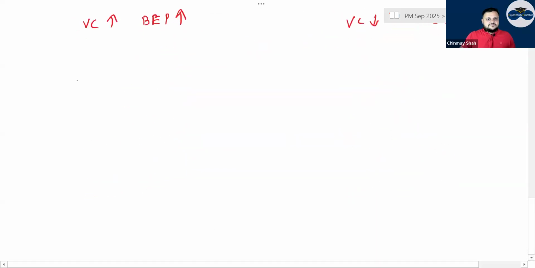Fixed cost. So again, write down the base: $15 selling price minus $6 variable cost gives you a contribution of $9, right?